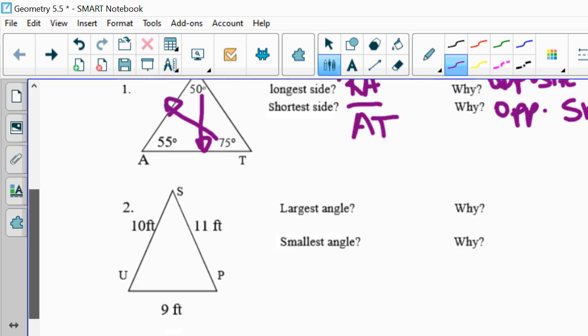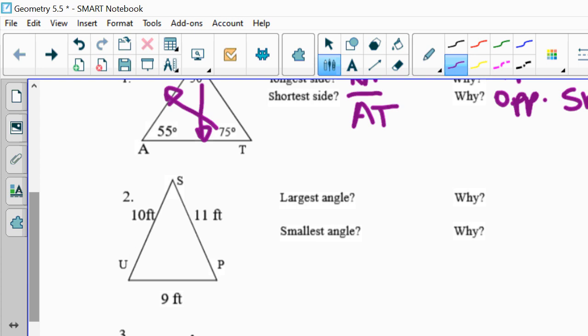So then picture number 2 gives us triangle SUP. And here it gives me the side lengths, and it wants to know which one is the largest angle and the smallest angle and why. So the largest angle is going to be opposite the longest side. 11 is the biggest side I have, so opposite gets me angle U. So my largest angle is angle U. Why?